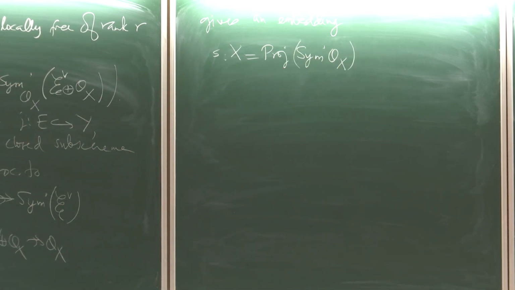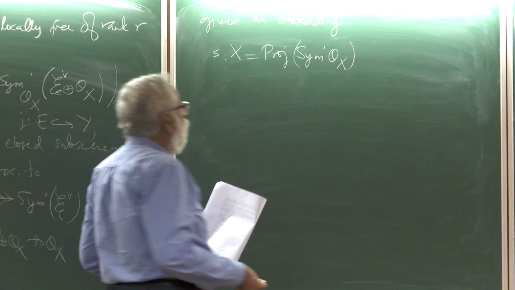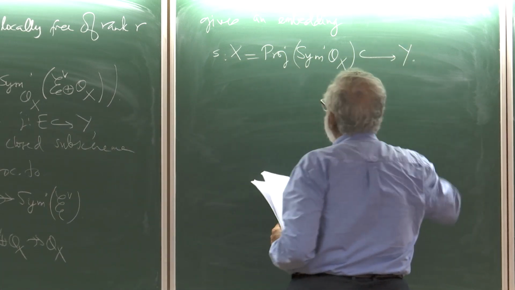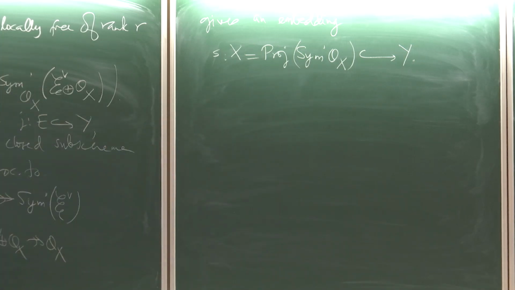If you take the polynomial ring in one variable over OX and take its Proj, you've done nothing. You've taken the same space X. So I'll call that S: X to Y.